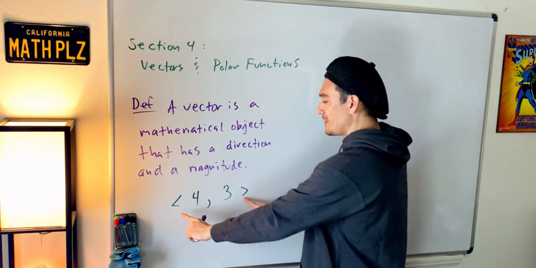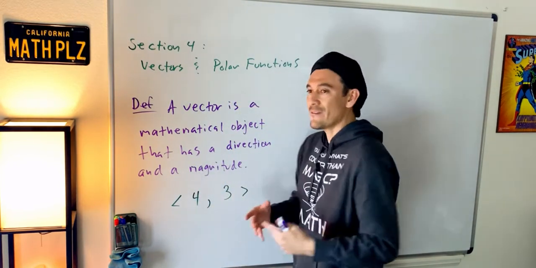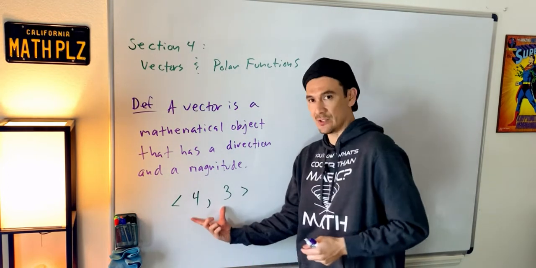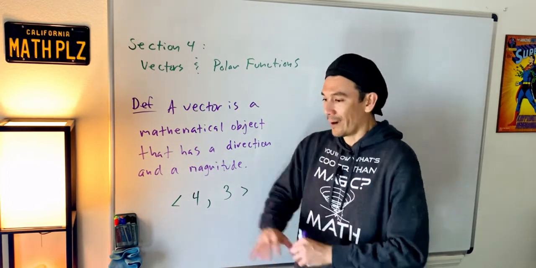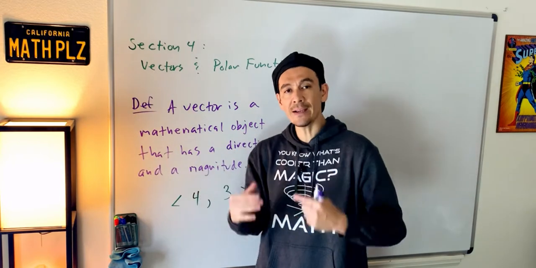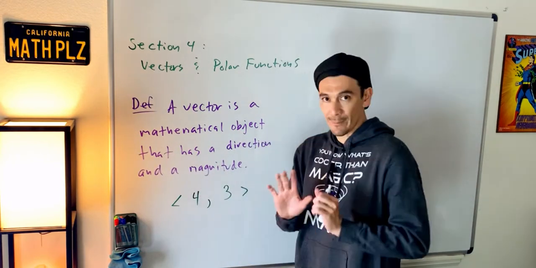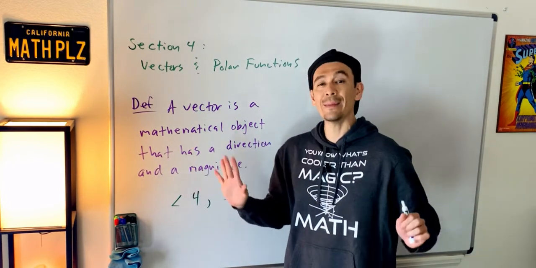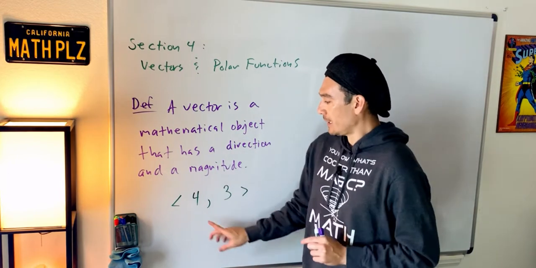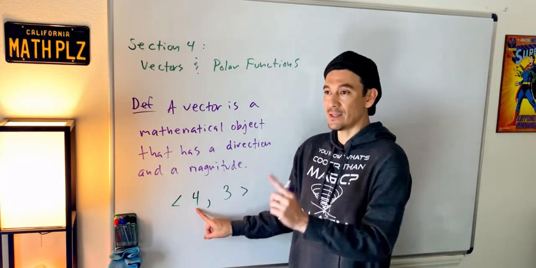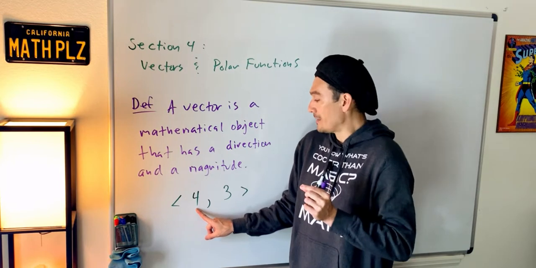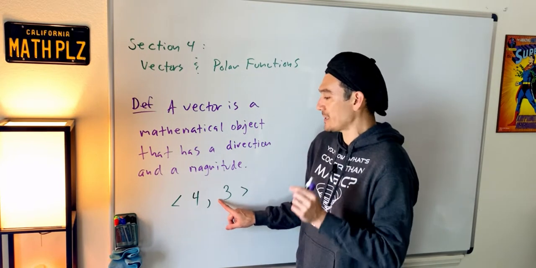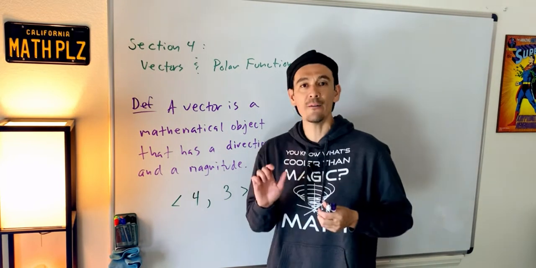When you see this notation, that is indicative of a vector. Here's how I interpret this. Wherever I am on Earth, this vector is going to move me 4 spaces to the right, and then 3 spaces up, and then I get off the ride.